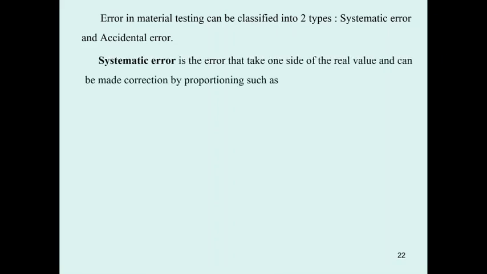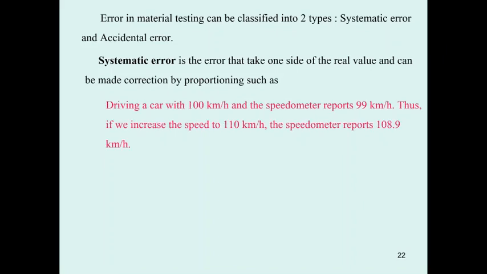If you have a 10-wheel truck, most 10-wheel trucks have a speedometer that reads lower than the actual speed. That may be because when you put the tires on this 10-wheeler, the tires are too big, so the actual speed is larger than it should be.